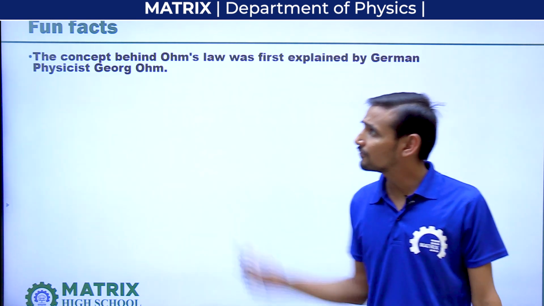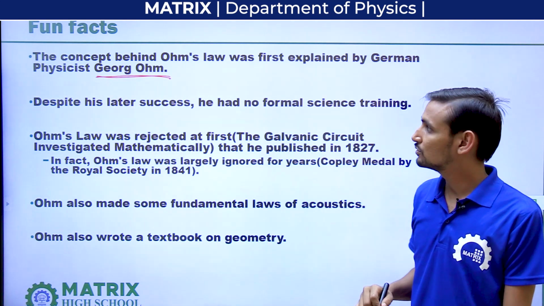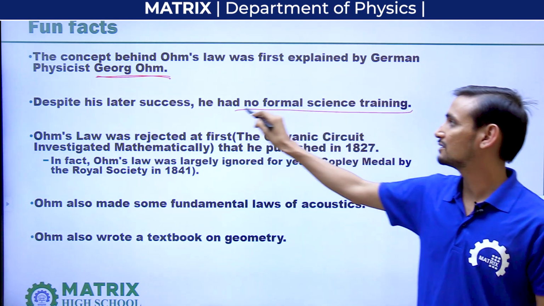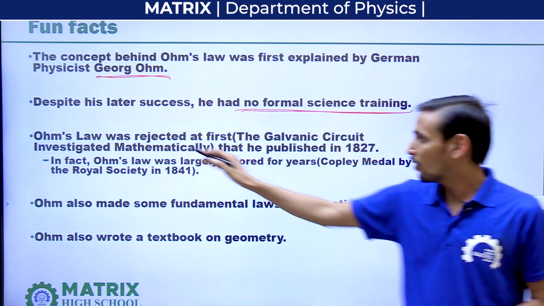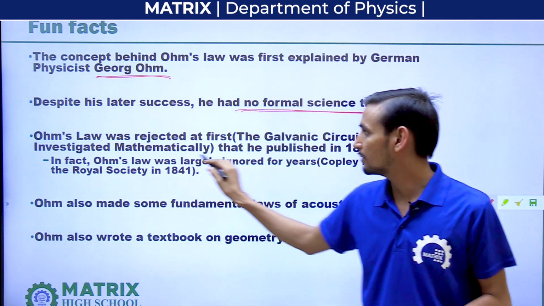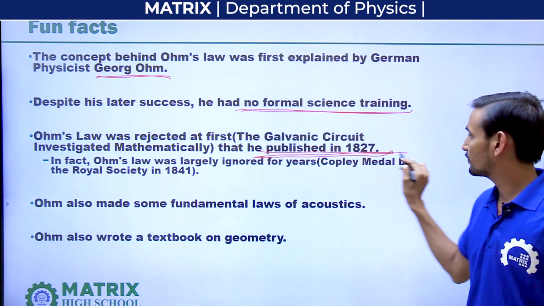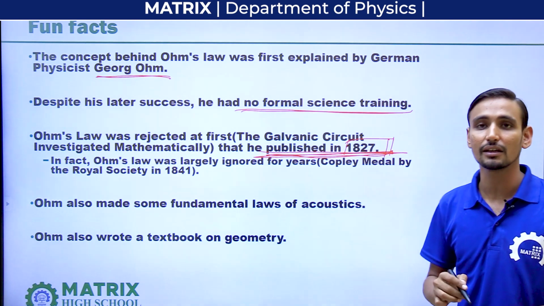Next is fun fact about Ohm's law. It was given by German physicist George Ohm. Despite his later fame, he had no formal training in science. Ohm's law was rejected at first. The galvanic circuit investigated mathematically that he published in 1827, and then it was rejected.